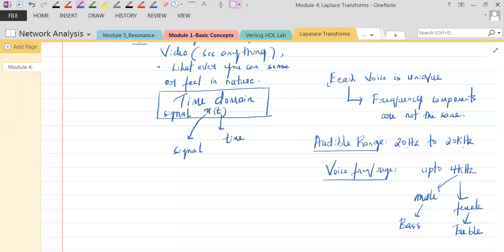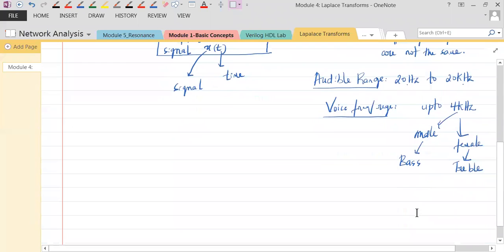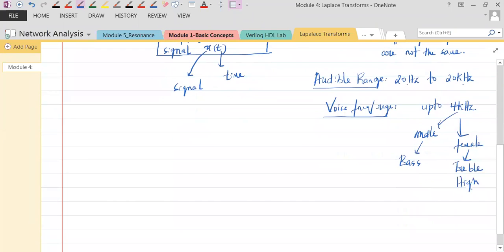Okay, so there you will have an adjustment to make bass more or treble more. Get that point? So bass is more in male voice. Female voice has more treble. Where there is more treble, it's a high frequency signal.